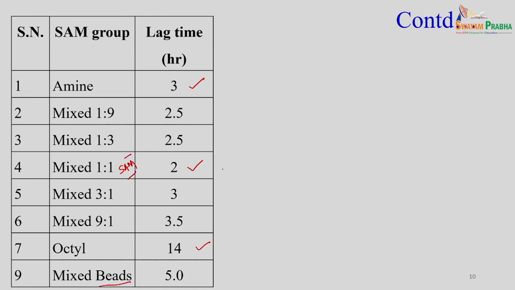If you compare, this is 2 hours and this is 5 hours. So, it suggests that the nanoscale morphology is also playing a role here. Also, we prepared different ratios of amine and octyl, and for those cases also we have different lag times.